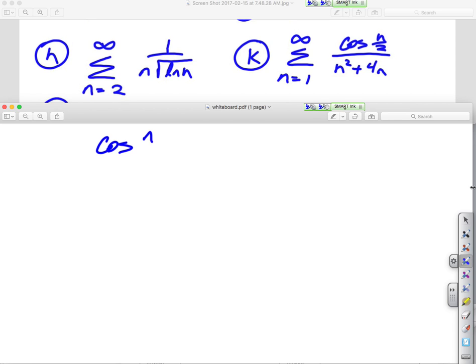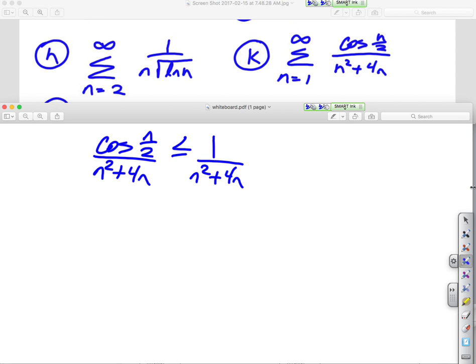And in this case, I know this thing right here has to be less than or equal to 1. Everybody agree with that? Okay. Now, since the denominator of that fraction is n squared plus 4n, that means I want to divide both sides by n squared plus 4n. Which gives me that.